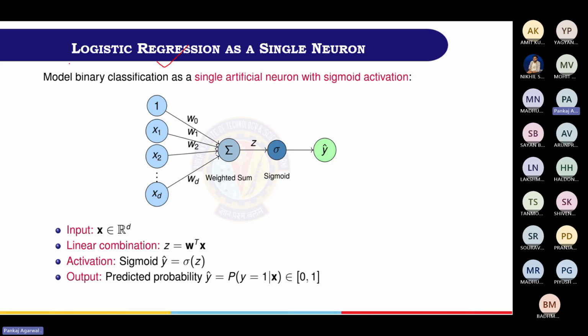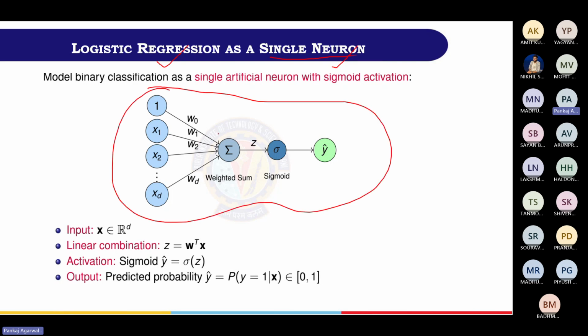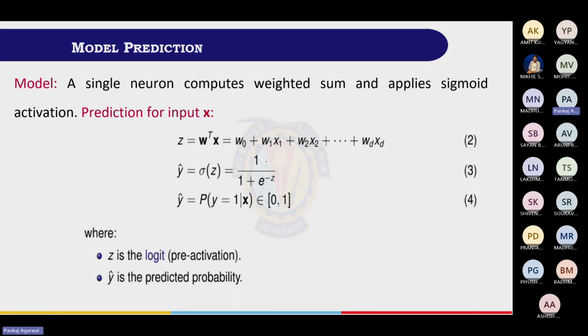We modeled the logistic regression function using a single neuron model. This is a perfect example of a single neuron model, and how we can model the logistic regression classification.